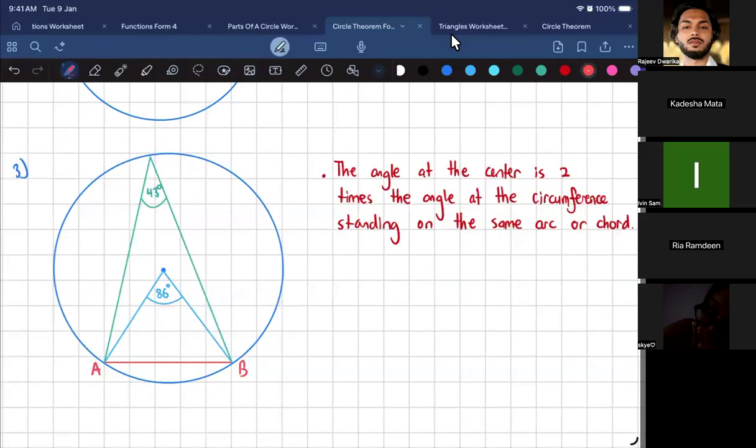I could call this AB, that's O, and I could call this C.